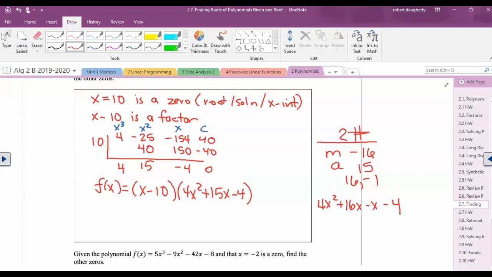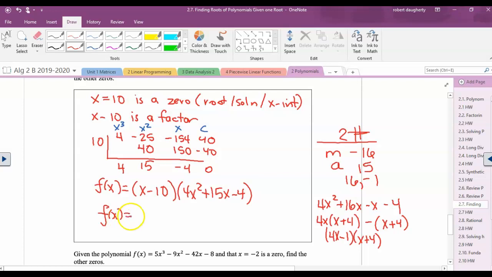So this is 4x times x plus 4, minus x plus 4. So this is 4x minus 1 times x plus 4. So that tells me my final factorization is f of x equal x minus 10, 4x minus 1, and x plus 4.